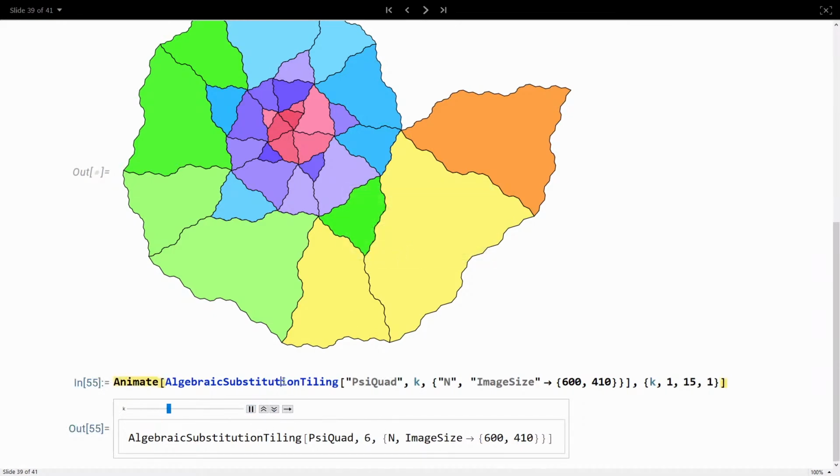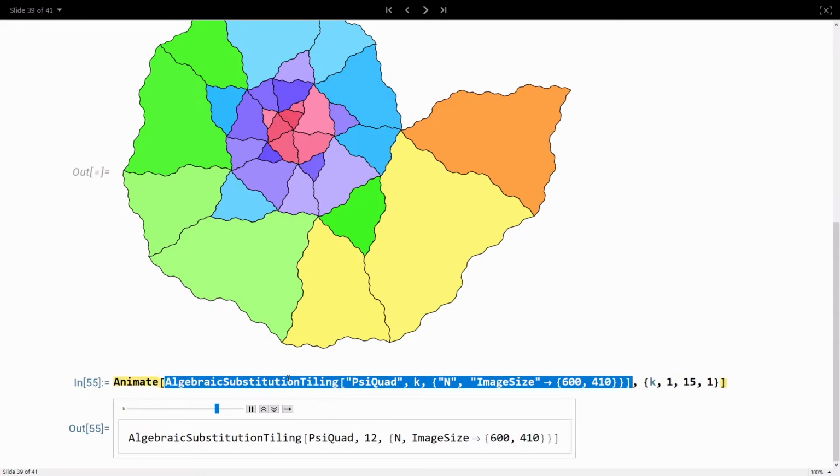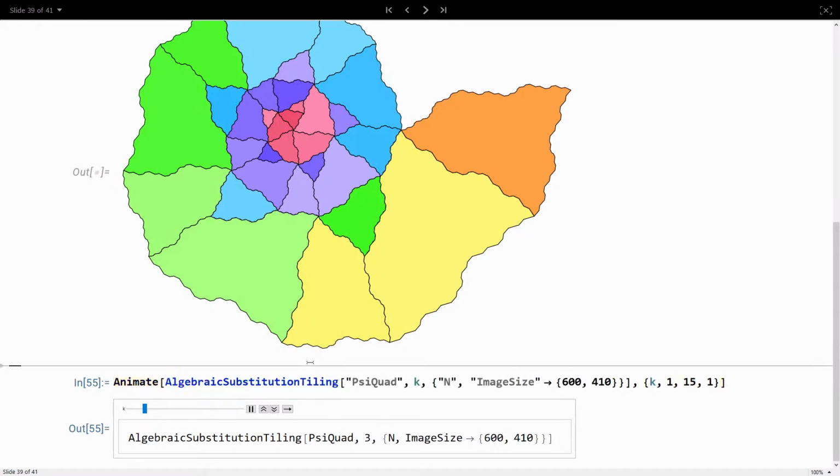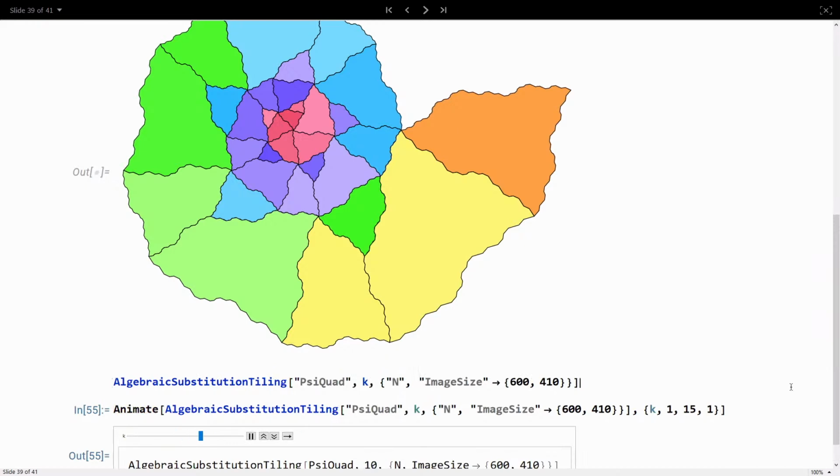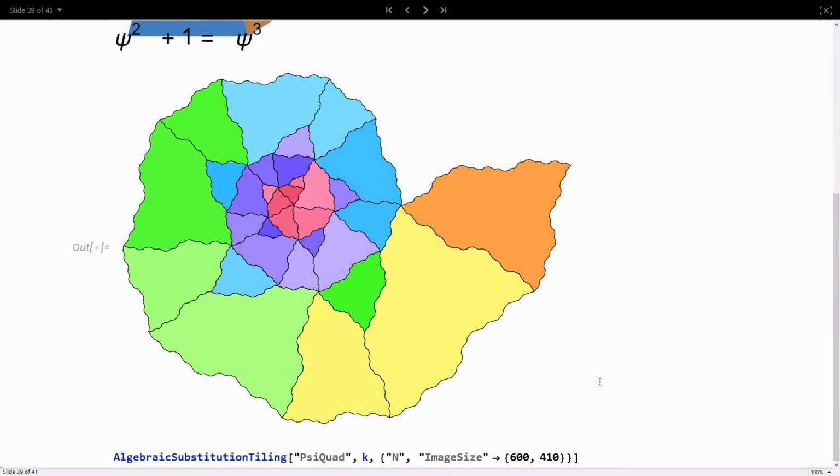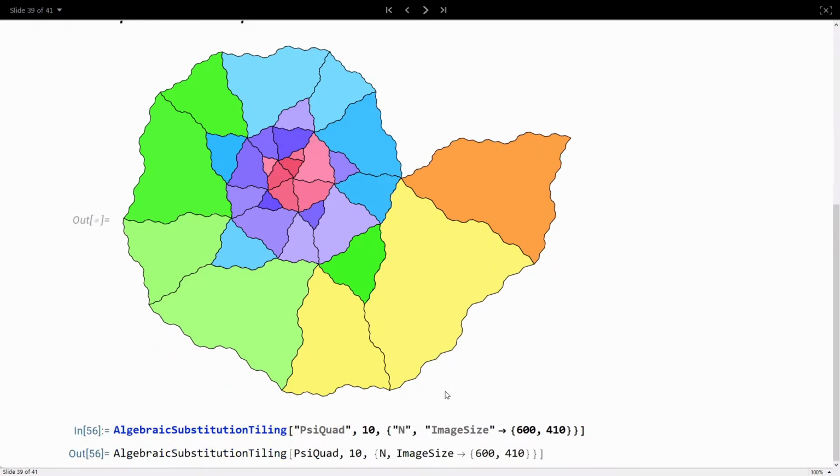I'm not sure why that's not working. Let's try this out here. And we'll try for 10. And it doesn't seem to be working right now.